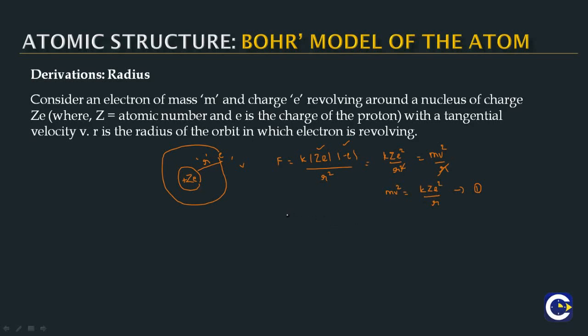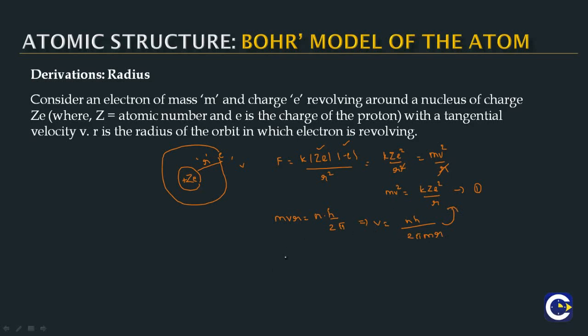Now we'll go into the other important equation given by Bohr's model, which is that the angular momentum of the electron is an integer multiple of h by 2 pi. From the angular momentum equation, let us take the velocity value. Velocity will be equal to nh by 2 pi mr, and we'll substitute this in equation 1.